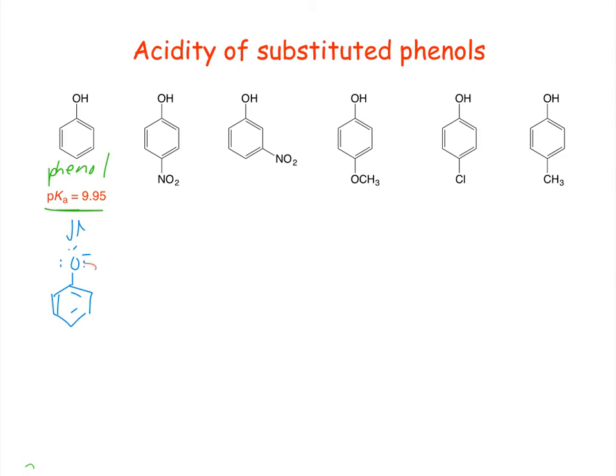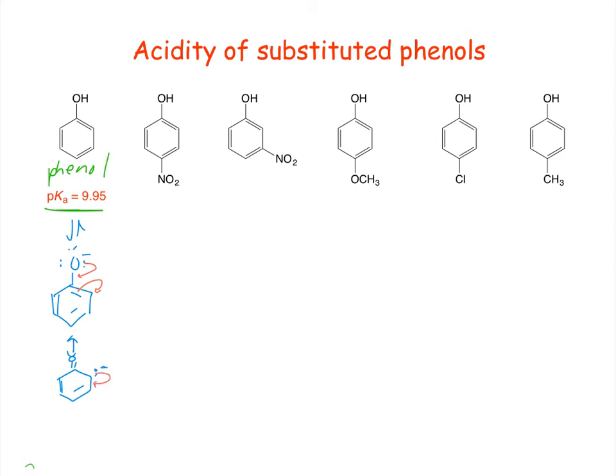The electrons on the oxygen can be donated into the ring, so we end up with a bunch of different resonance forms here that look like this, with a minus now over here.